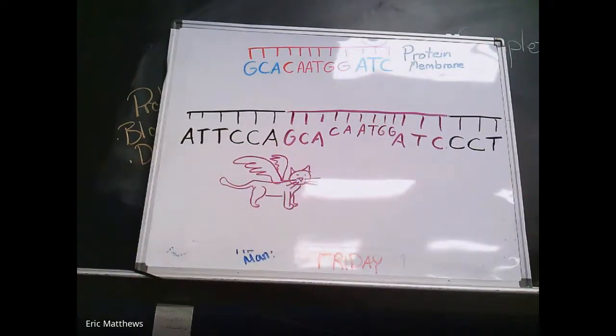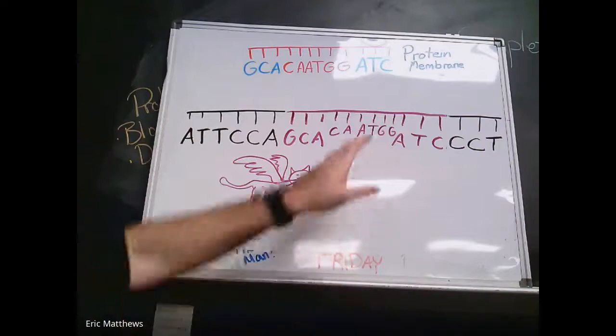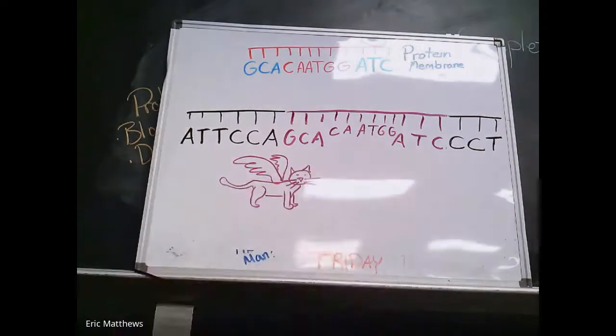All right. Why? Well, because in order to give a cat wings, we're not changing a protein. We have to change the entire structure of the organism, and we do not have a good handle on how to do that yet.